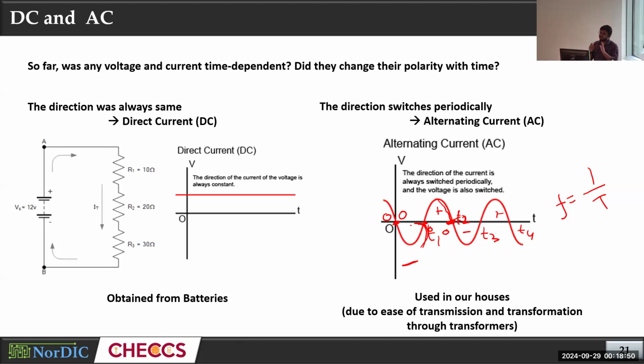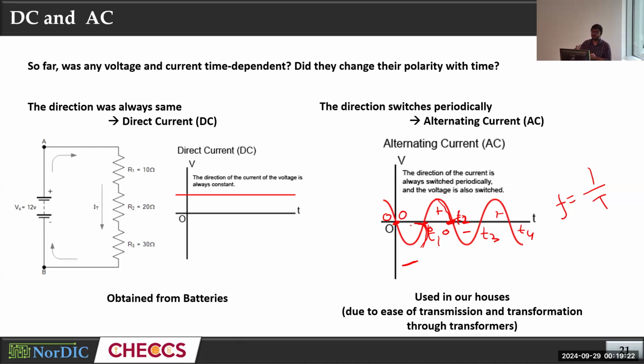Now the thing is, the transformer can only work with AC signals. That's why we use AC, only because of the transformer and the ease of transmission and distribution. But whenever we use locally generated voltage, like mobile phone charging, we use DC, because that always gives you a constant amount of current.